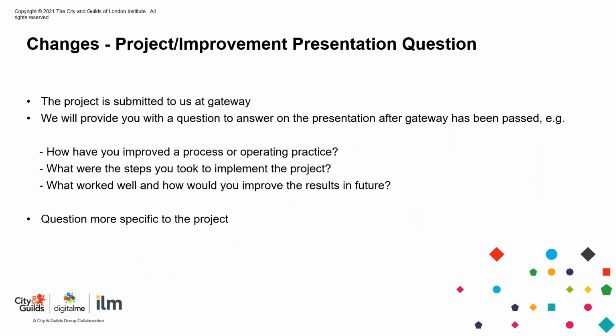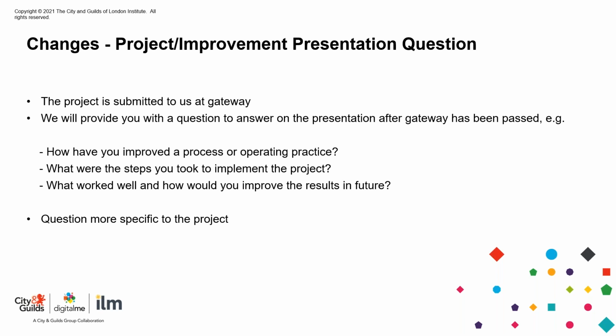Okay, so other changes then include the project improvement presentation question. The project is submitted to us at Gateway, and where the change will happen here from AP01 is that we'll provide you now as an EPAO with a question to answer on the presentation after Gateway has been passed.